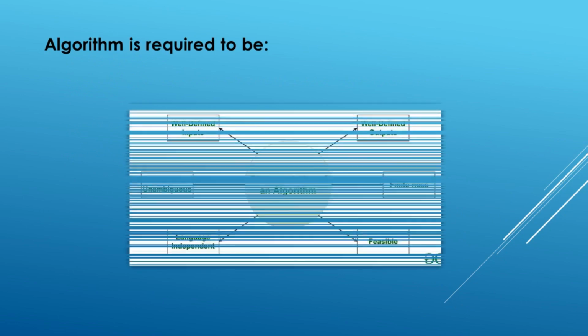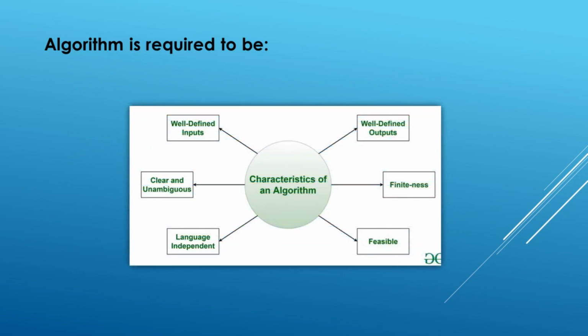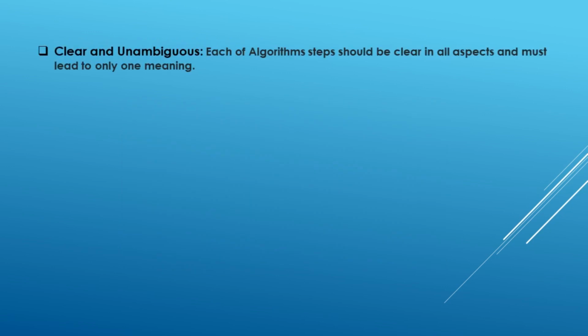Now we go into the characteristics of an algorithm. According to the diagram, there are 6 characteristics: well-defined inputs, well-defined outputs, finiteness, feasible, language independence, clear and unambiguous. Let's discuss them one by one.